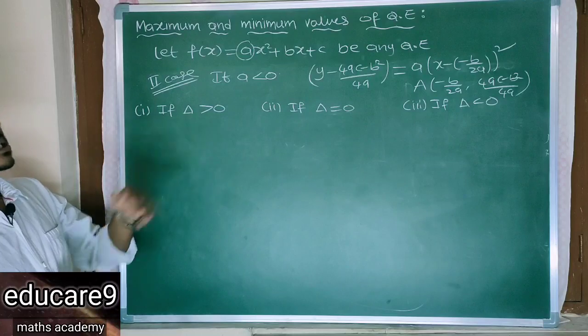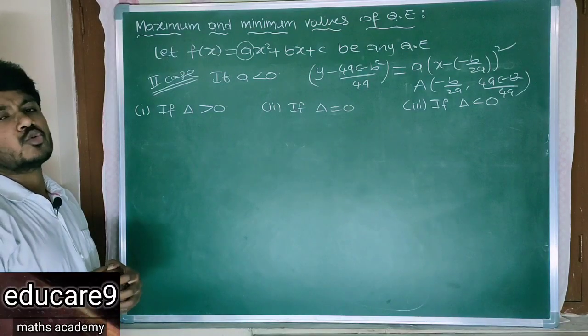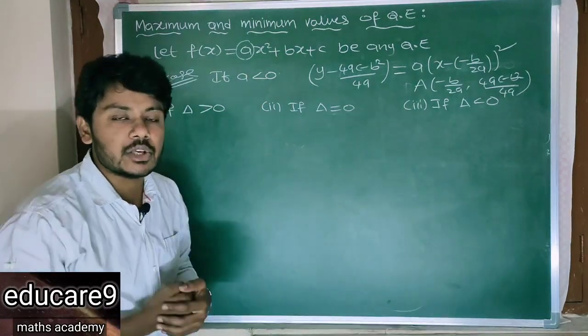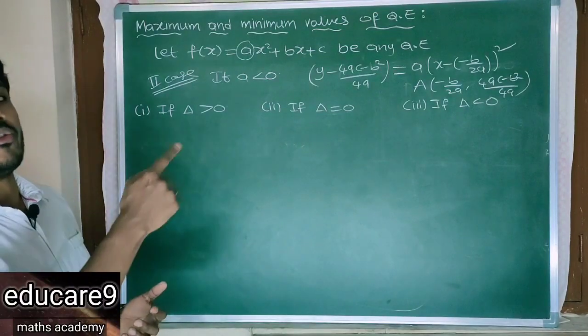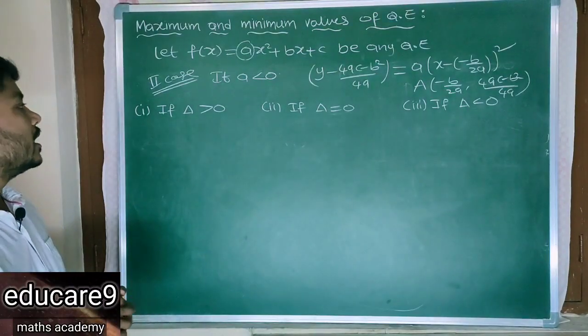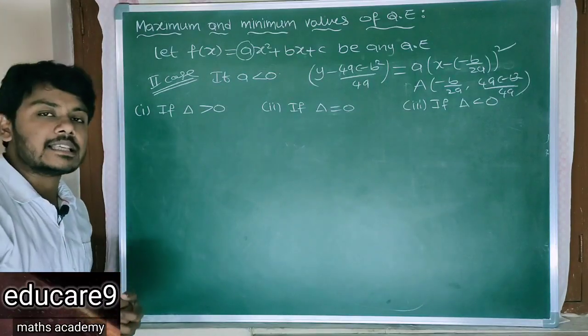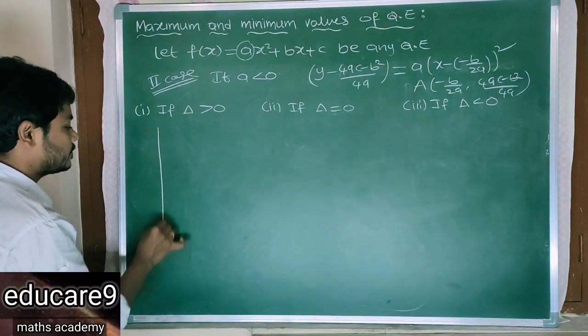Now see here, in the first case, if delta is greater than 0, in that case roots are real and distinct, and a is less than 0. In that case, the graph represents a downward parabola, and with delta greater than 0, the graph touches the x-axis at two distinct points.